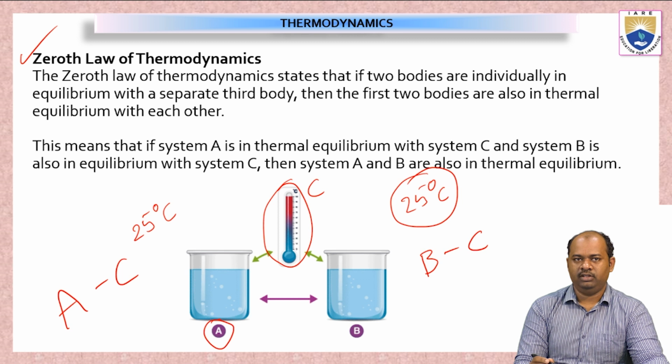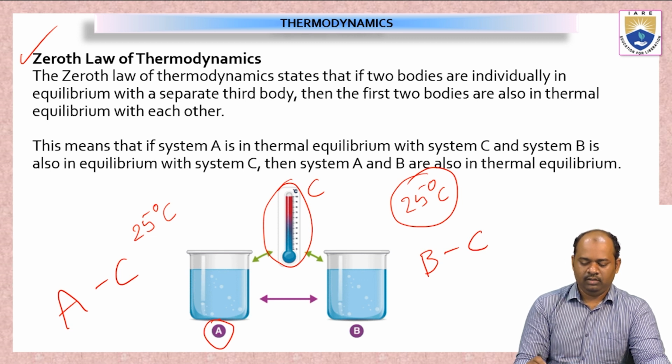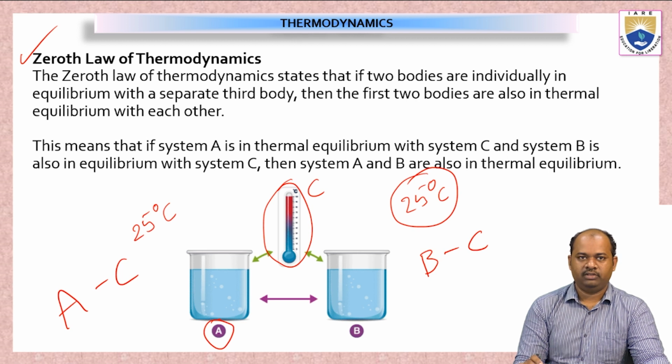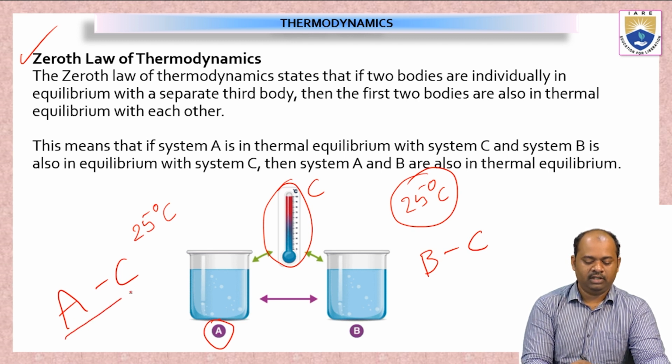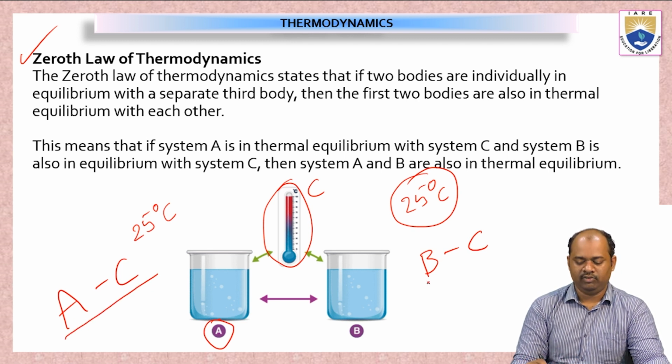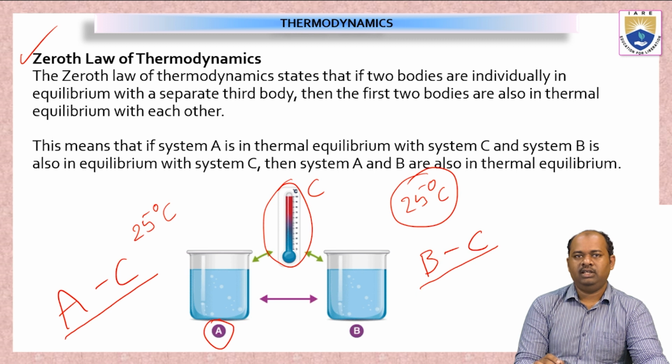Now we can see there is a common thing in these two comparisons. In the first condition, A and C are in equilibrium. In the second condition, B and C are in equilibrium. In both these conditions, C is common, that is, the thermometer is common.